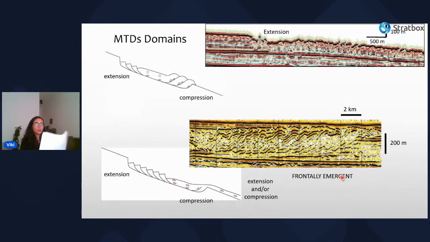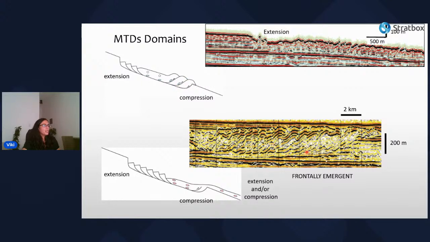Here, just to talk a little bit about the MTD domains, we have an extensional domain and a compressional domain. In here, we can expect some faults, listric faults, some rotated blocks. We can see this in this seismic in here, some extension. And then in the compressional bit, we can expect folding and thrusting.